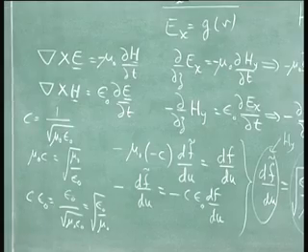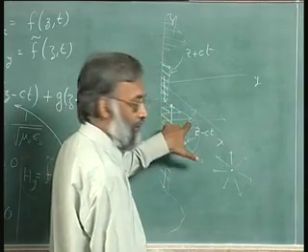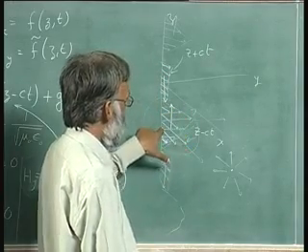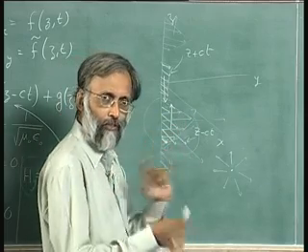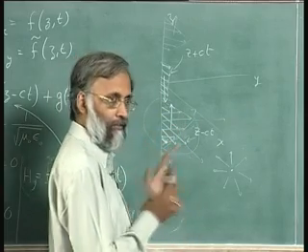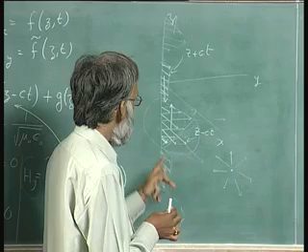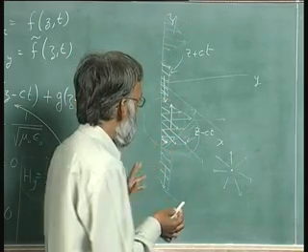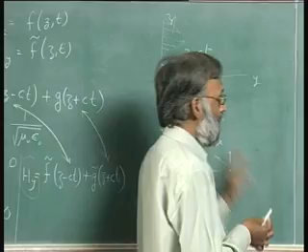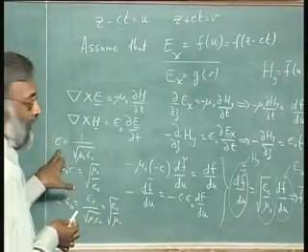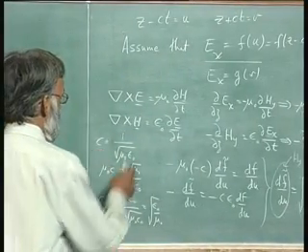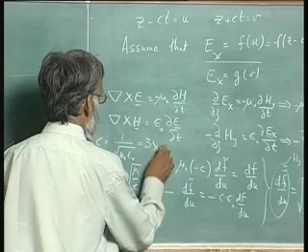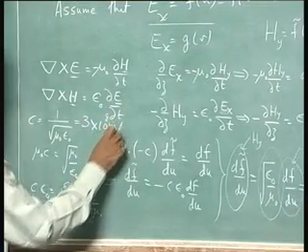So, it means that the electric field causes the magnetic field, which in turn causes the electric field, but there is a phase shift that is going on, and because of the phase shift they are forced to move in order to keep in step, and that motion is nothing more than the speed of light. This is 3 into 10 to the 8 meters per second.